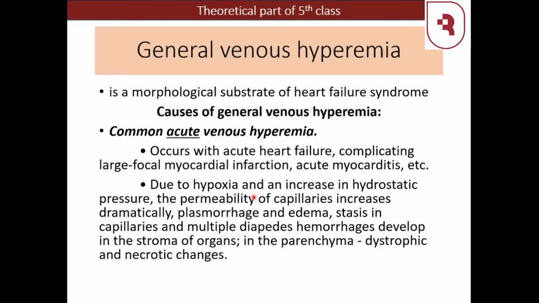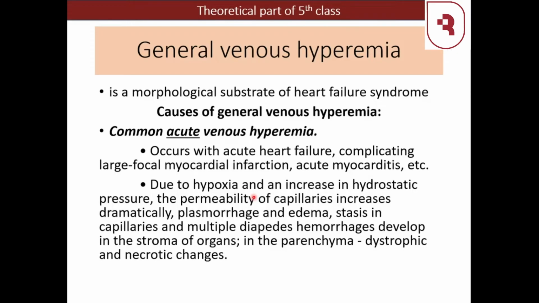Common acute venous hyperemia occurs with acute heart failure syndrome, a complicated large focal myocardial infarction, acute myocarditis, or other diseases of the heart mostly. Due to hypoxia and increased hydrostatic pressure, the permeability of capillaries increases dramatically, and we may see markers of plasmorrhagia and edema.